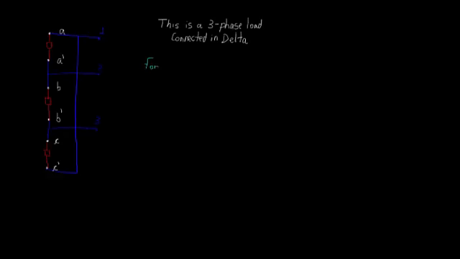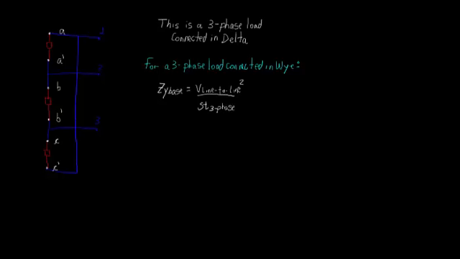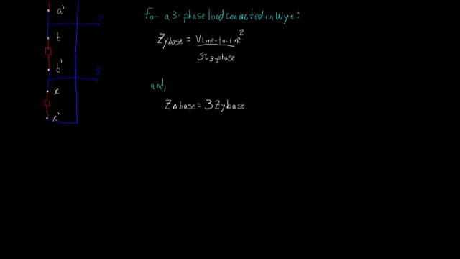These three impedances can be seen as a three-phase load connected in delta. For a three-phase load connected in Y, we can say that the base impedance is the line-to-line voltage squared divided by the three-phase power of the transformer. And by using the Y-delta conversion, we can say that there is a base impedance for a delta connection, which is 3 times the base impedance for the Y connection.